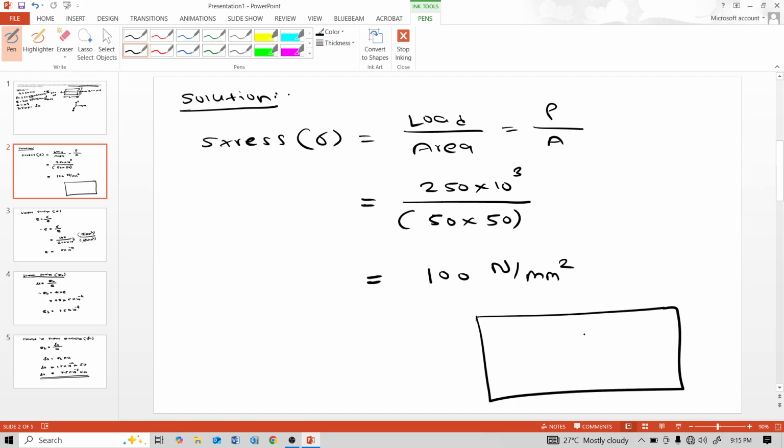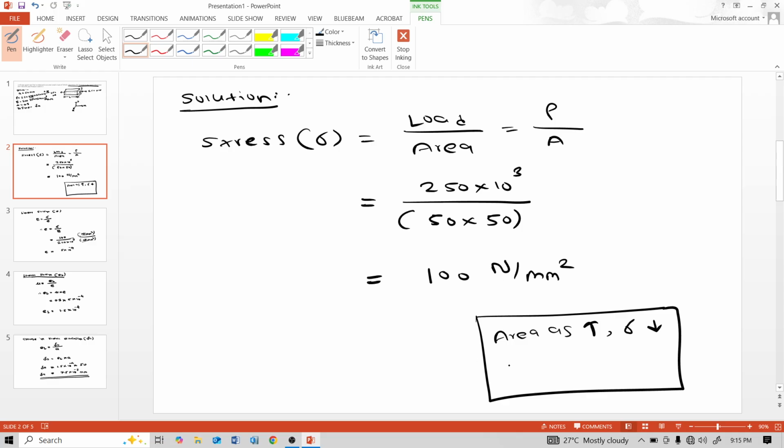When the cross sectional area of that bar increases, stress decreases. That means when we increase the cross sectional area of that rectangular bar, we indirectly increase the stress capacity of this bar.